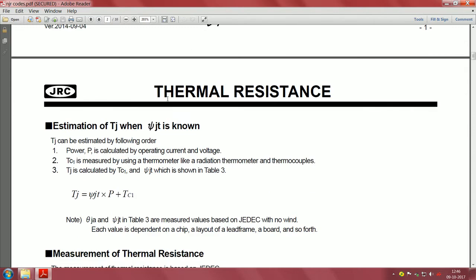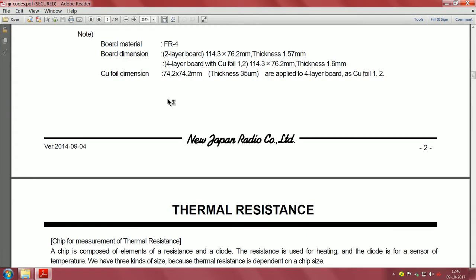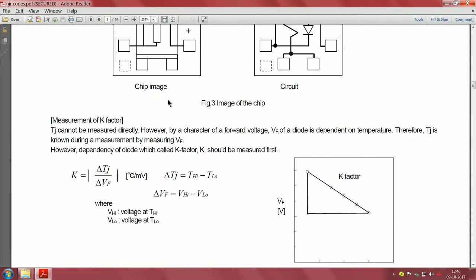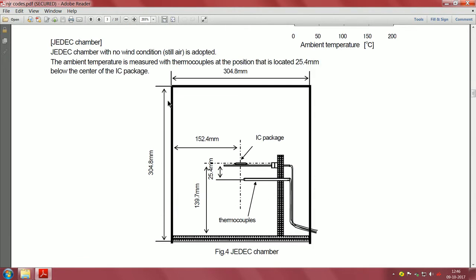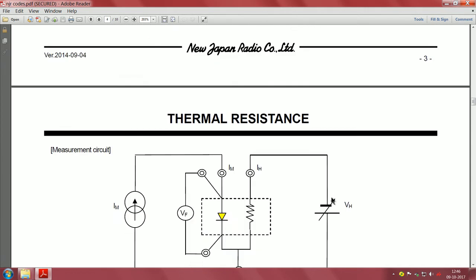So, you have the thermal resistance and measurement and so on, but in the end, after a little while, you will notice that you have no choice but to conduct an empirical experiment before you finalize the design.